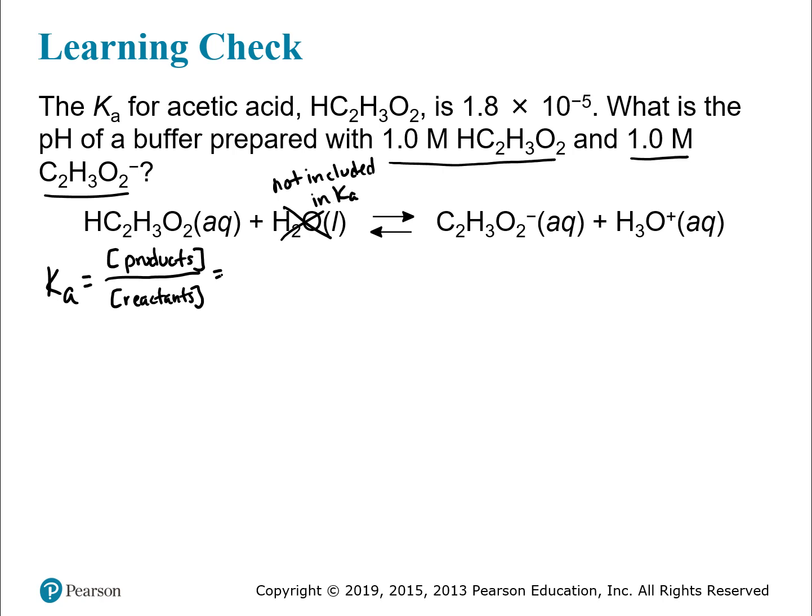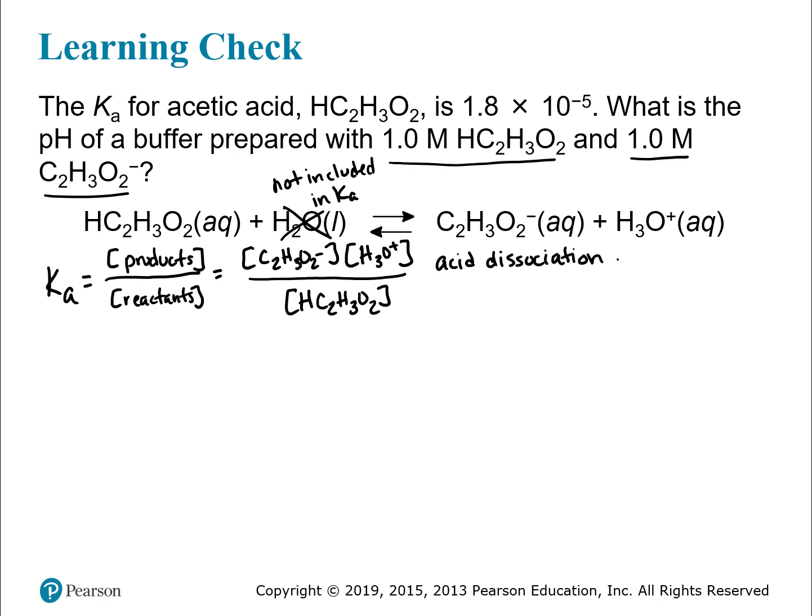So for this one, the products we have are the acetate ion and the hydronium ion. The only reactant we have is the acid. That's our acid dissociation expression. Is everybody with me so far?